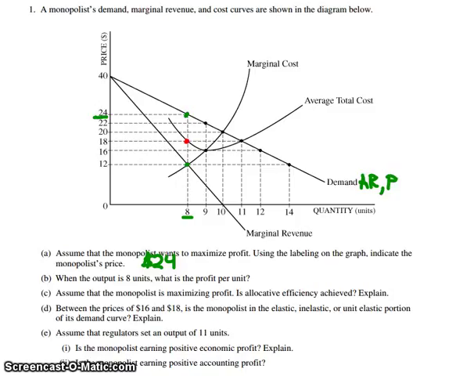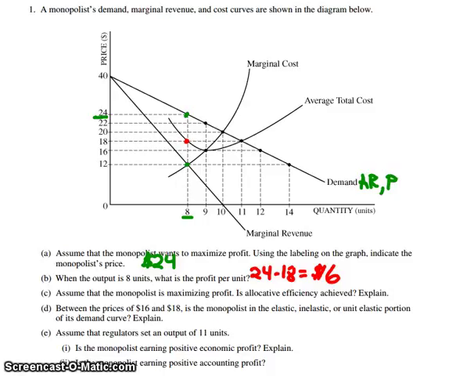So 24 minus 18 is equal to $6. We make $6 profit per unit. If we multiplied that $6 profit times 8 units, then the overall profit would be $48. But they don't ask us for that, so let's move on.